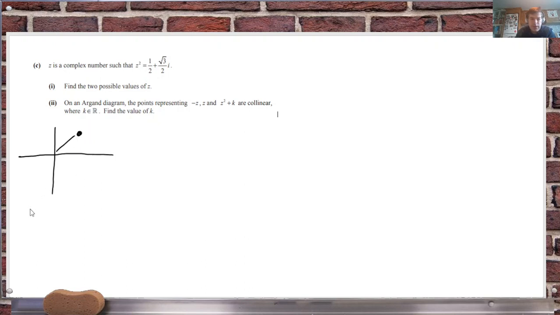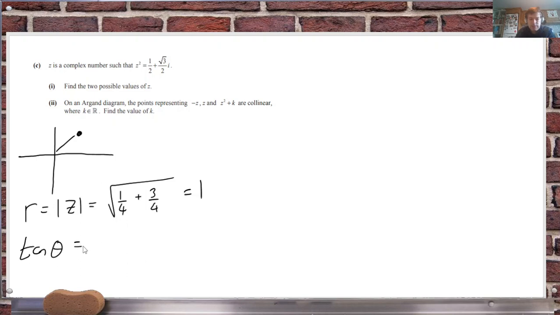Okay, so the r, which is the modulus of z, that's the square root of the real component squared plus the imaginary component squared. Okay, that's nice, that's equal to 1. And then tan theta is root 3 over 2 over 1 over 2. So that makes theta tan inverse root 3, 60 degrees.